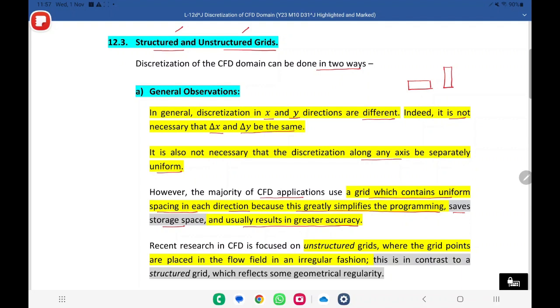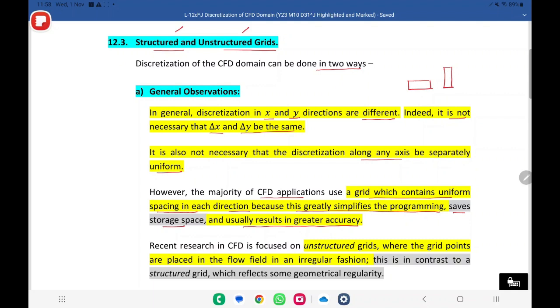But if you divide it uniformly, what happens? You immediately know the next node. Suppose I know that each cell size is 1 centimeter. So I know the coordinates of all the points immediately: x is 0 centimeter, 1 centimeter, 2 centimeter, 3 centimeter, 4 centimeter. I don't have to feed it. But if it is random, I will have to tell the computer that x0 is this one, x1 is this one, x2 is this one, because there is no pattern in them.